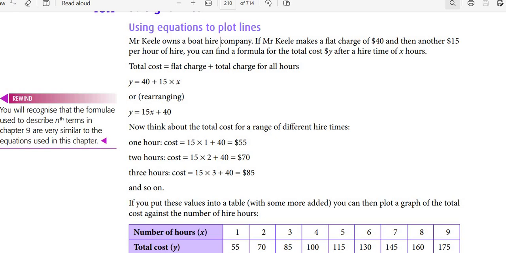So if you pay 15 per hour, then that's 15 times x hours. The number of hours that you want to consider is your value x, because how much you will pay depends on the number of hours that you will be hiring the boat. But you will be having a flat charge, okay?